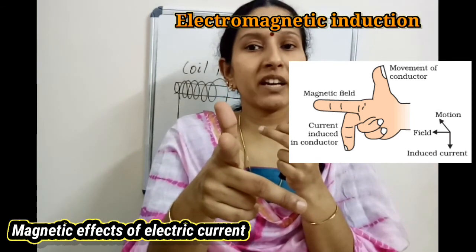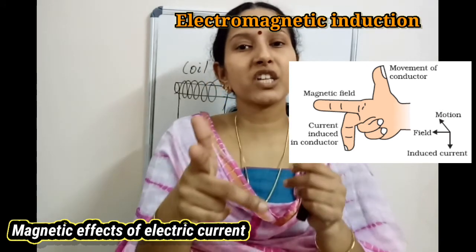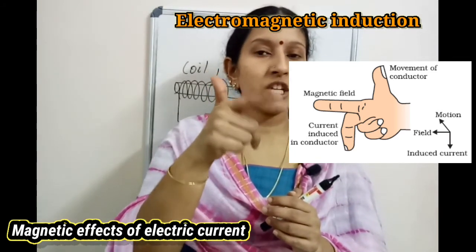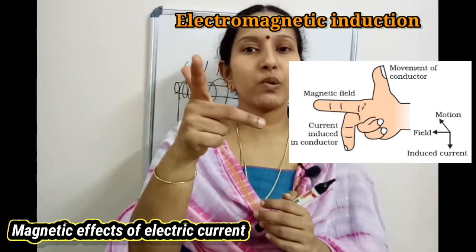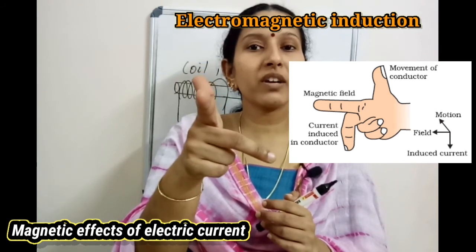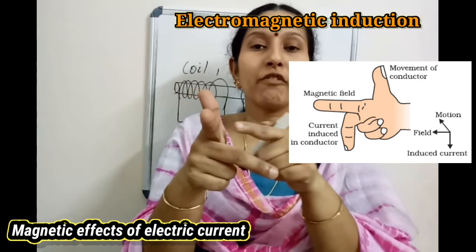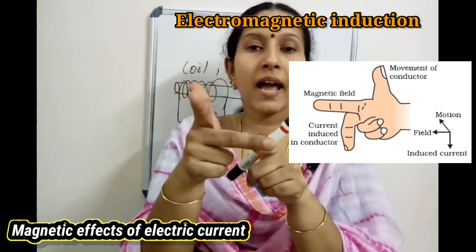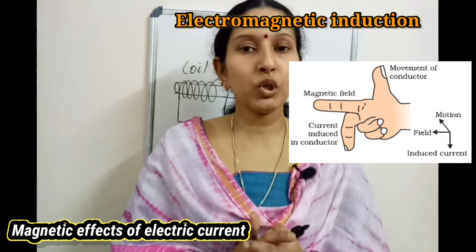Forefinger gives the direction of magnetic field, thumb gives the direction of motion, and middle finger gives the direction of induced current.